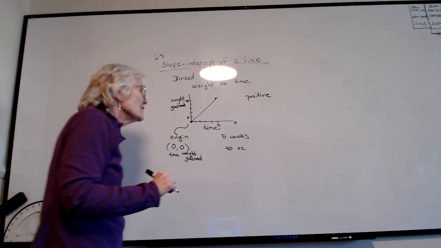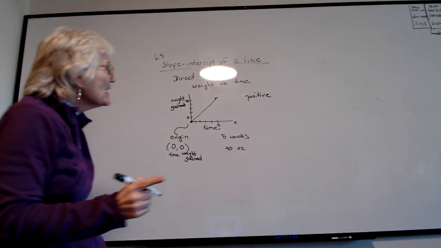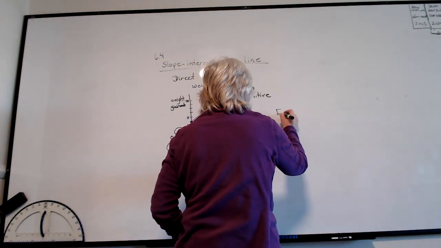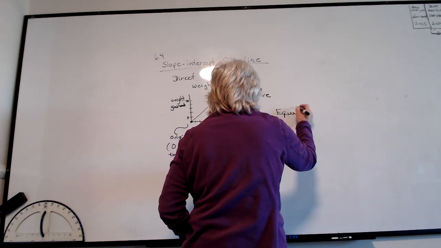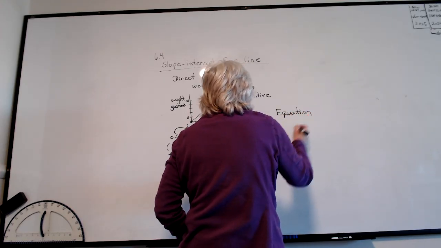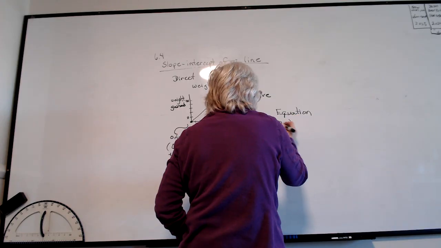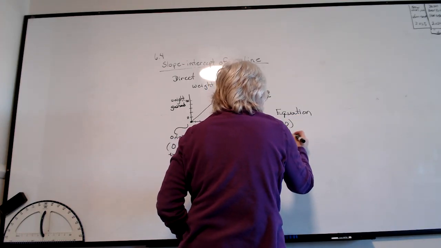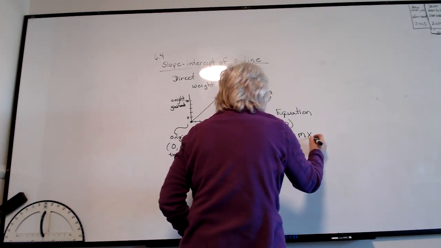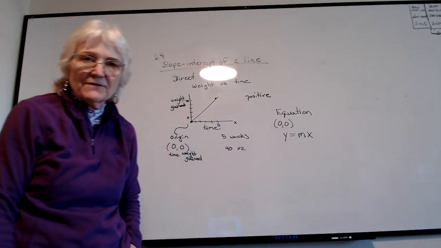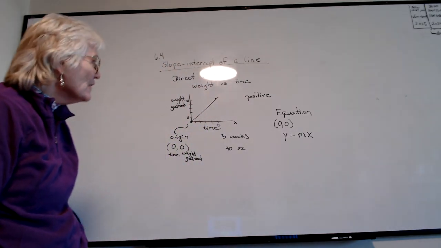Okay, so here is our graph. That's a picture of our graph. So to make an equation for this, an equation that represents this graph, we know it goes through the origin. So if that's true, we only have to find the slope, because that's our formula for the slope. That's the only thing we have to find.